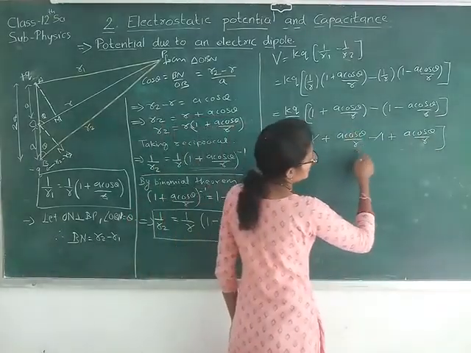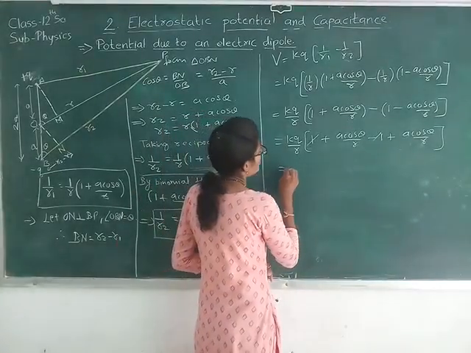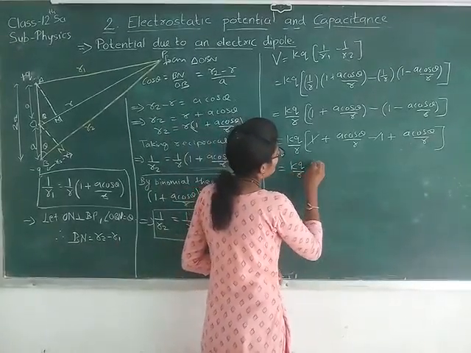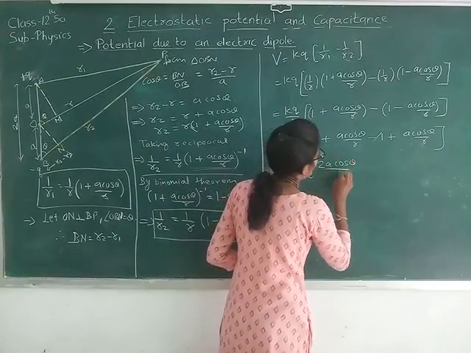Here A cos theta by R plus A cos theta by R, that becomes twice A cos theta by R. So that is KQ by R, twice A cos theta by R.